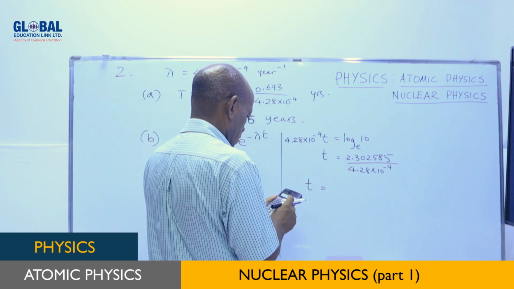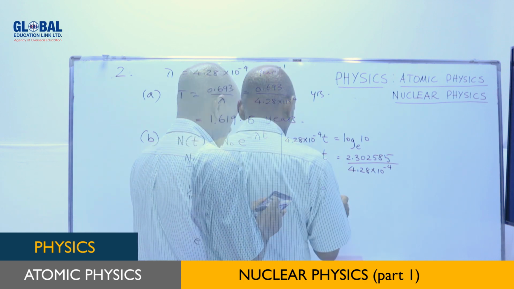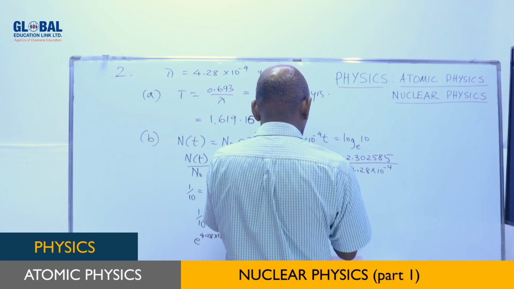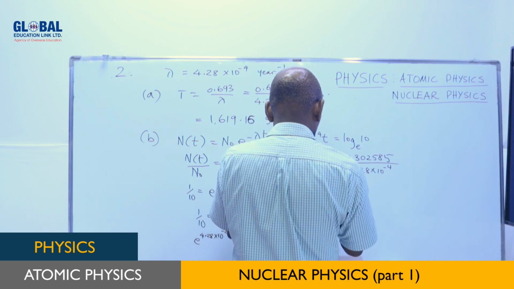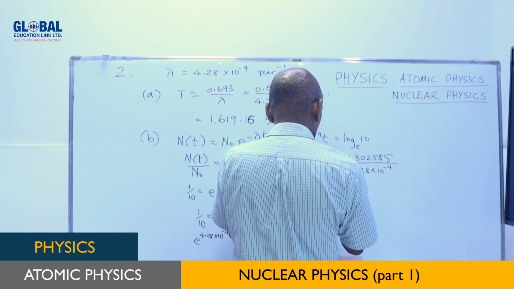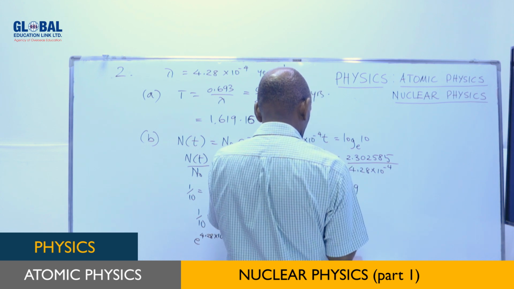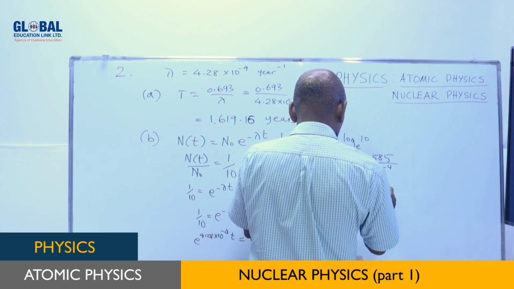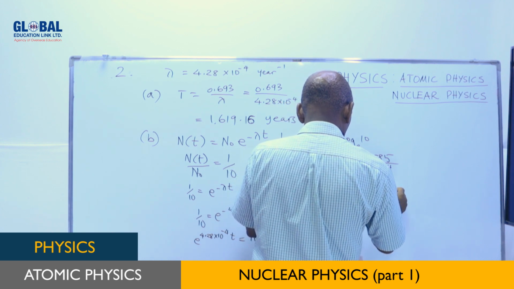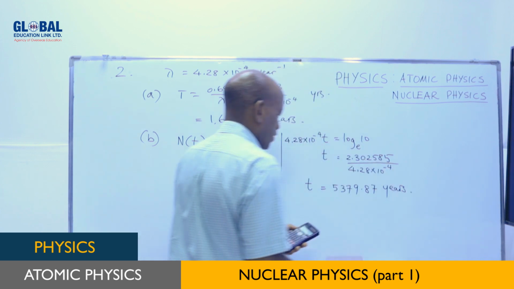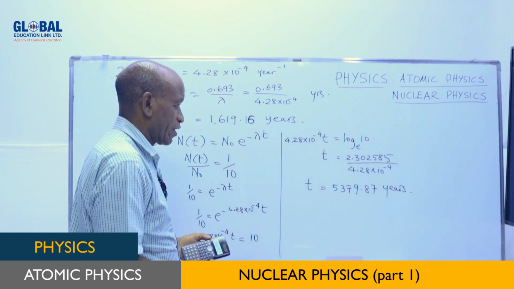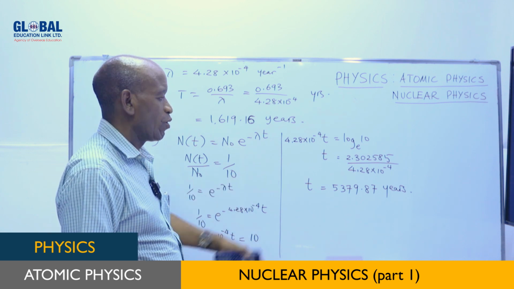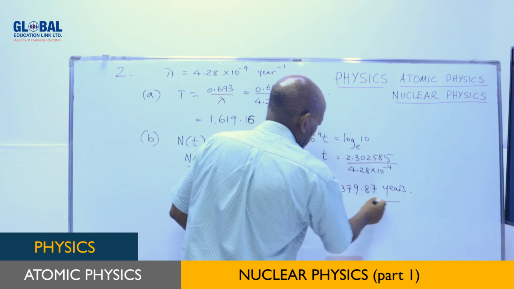If we divide, we get 5,379.87, and this will be in years. So the time at which its strength is reduced to 1/10 of its original value will be equal to this much.